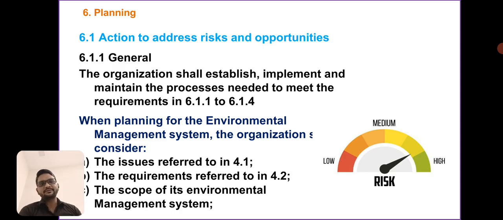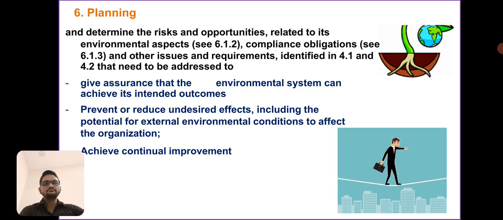When planning for the environmental management system, the organization shall consider the issues referred to in 4.1, which we already discussed, 4.2, the needs and expectations of interested parties, and the scope of the environmental management system, that is 4.3. Now, determine the risks and opportunities related to its environmental aspects, compliance obligations, and other issues and requirements identified in 4.1 and 4.2.